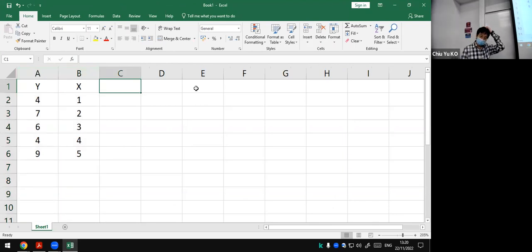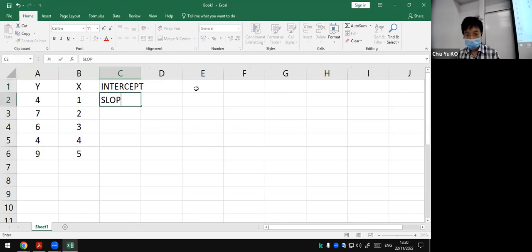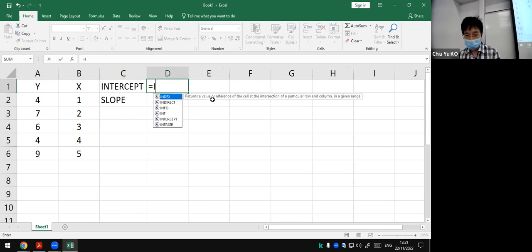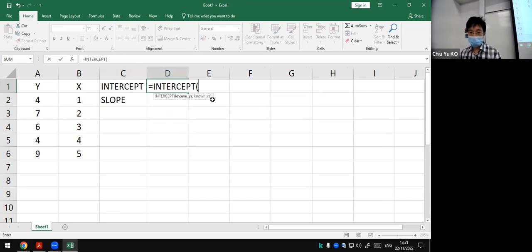And probably you want me to remind you again how to do the slope and intercept, right? So there's a shortcut, right? Intercept and slope. Okay. The first thing we want to do is to get the regression result, right? And we don't need to start from scratch. We can basically just use the intercept. Okay.